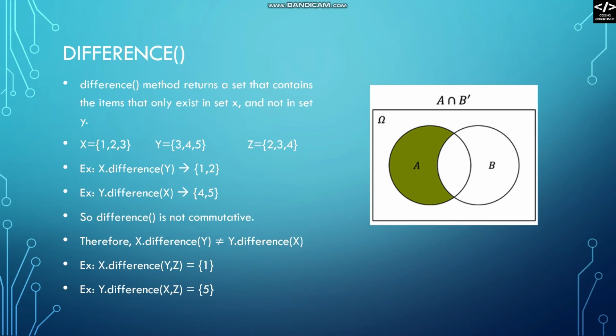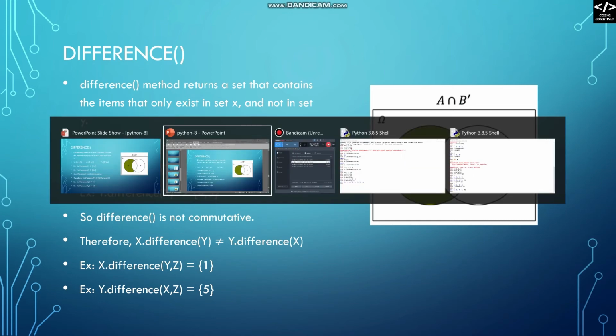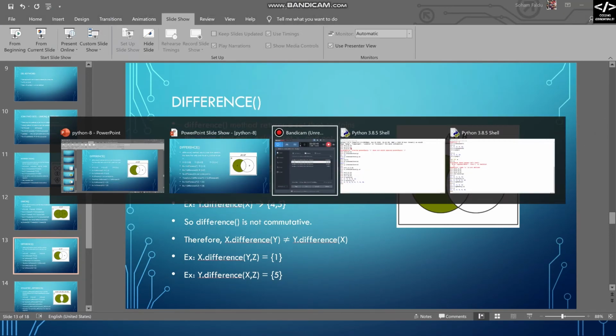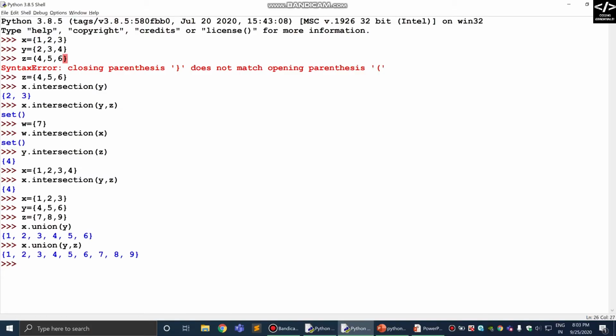X equals 1, 2, 3, y equals 2, 3, 4 and z equals 1, 2, 3, 4.